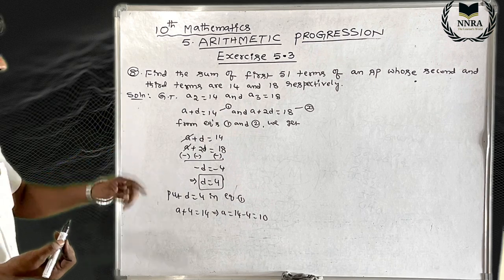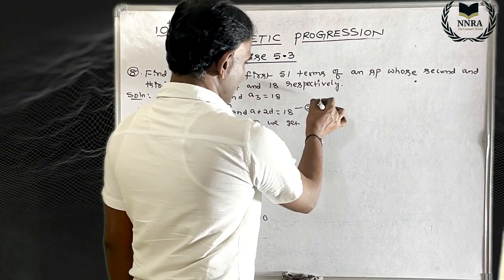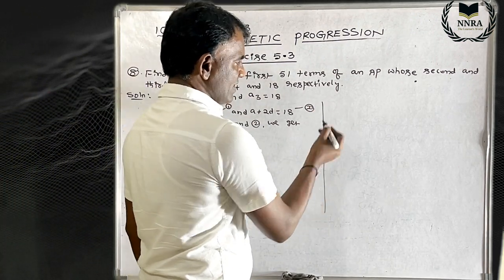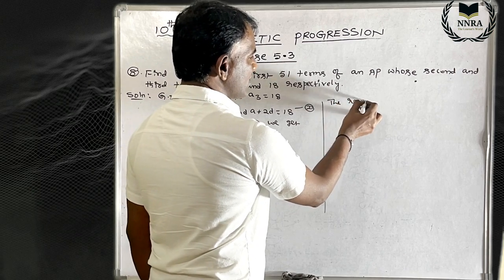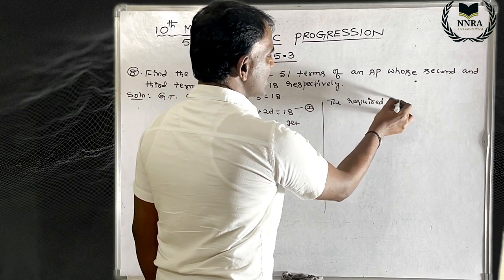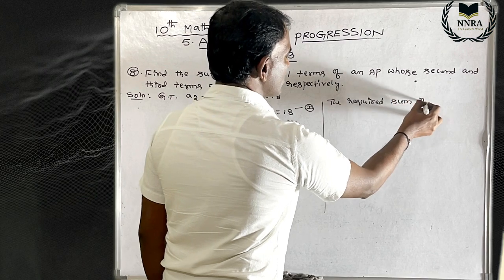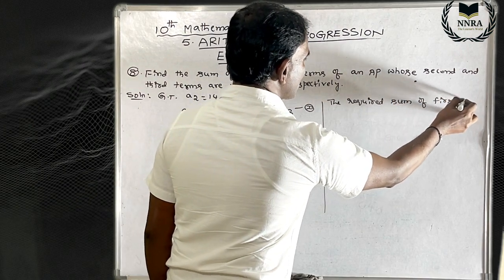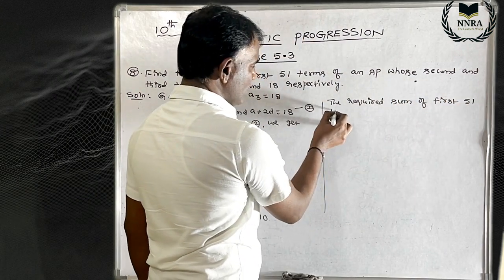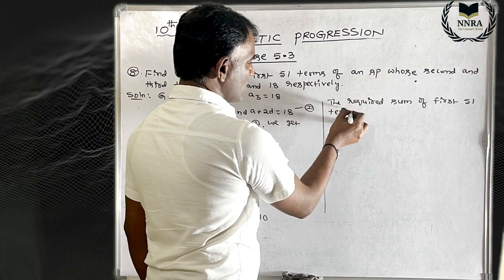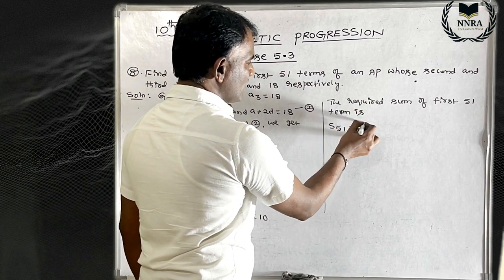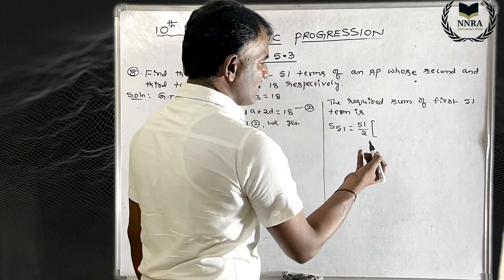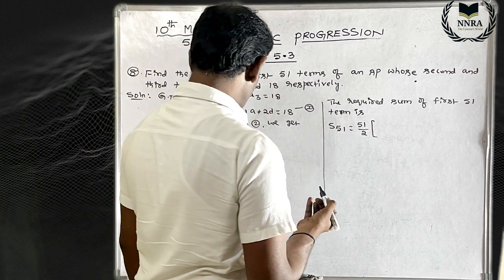Got it? Now what they ask is the sum of first 51 terms. Now what is that formula? The required sum of first 51 terms is S51 equal to n by 2, means 51 by 2, into 2a.